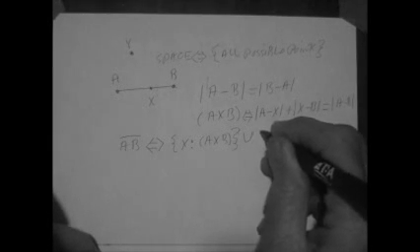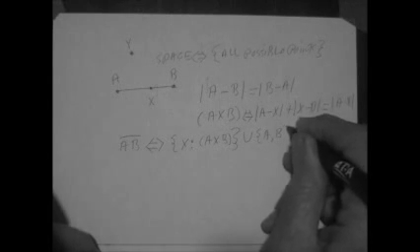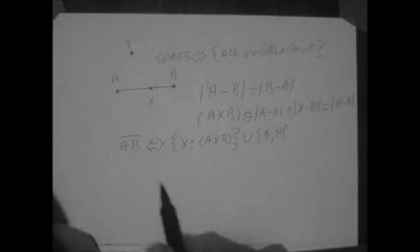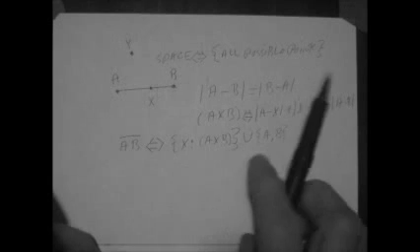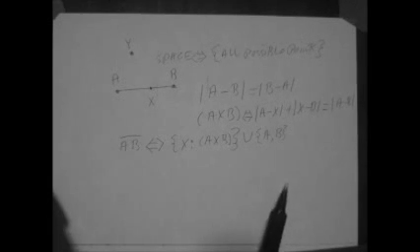We also have to include the points A and B. There we are. Line segment AB is all of the points in between A and B and A and B. And there's the symbolism for that.